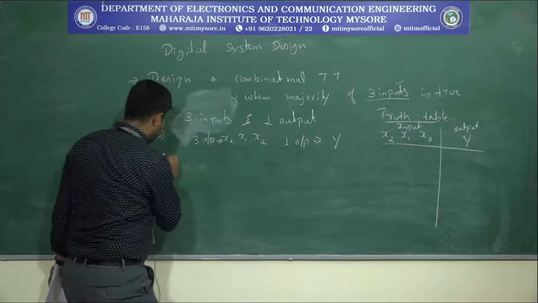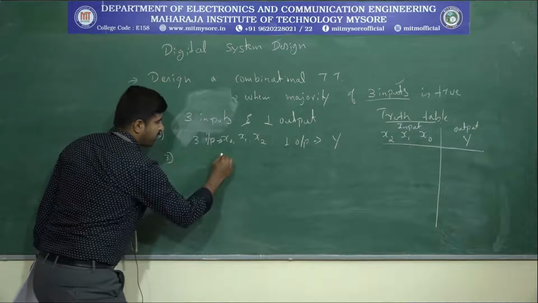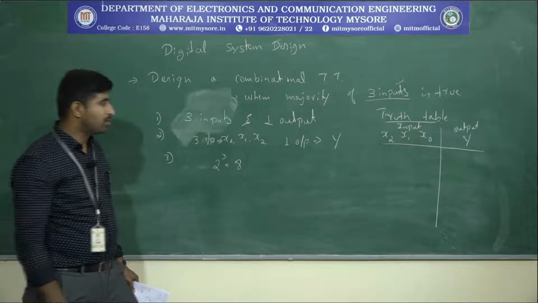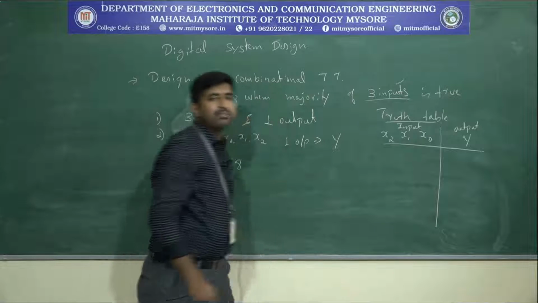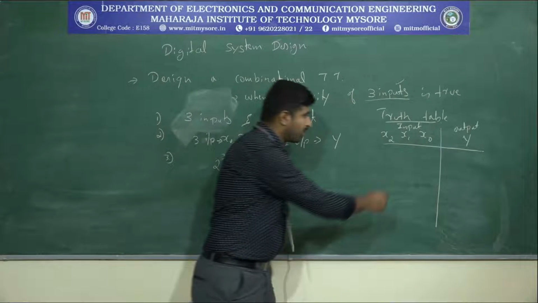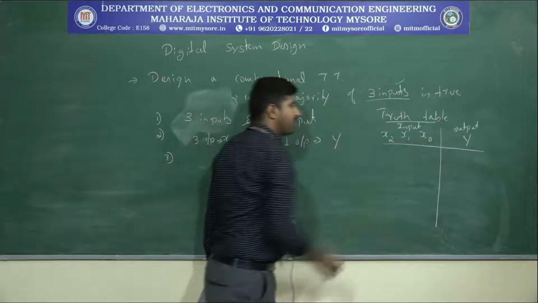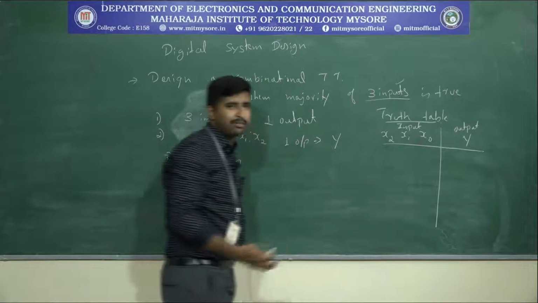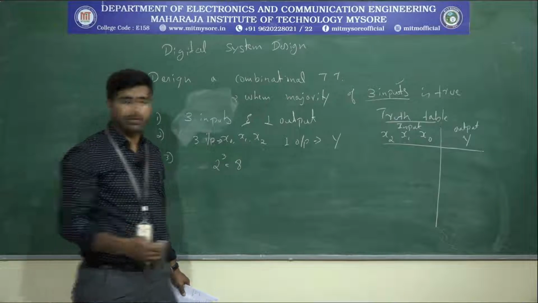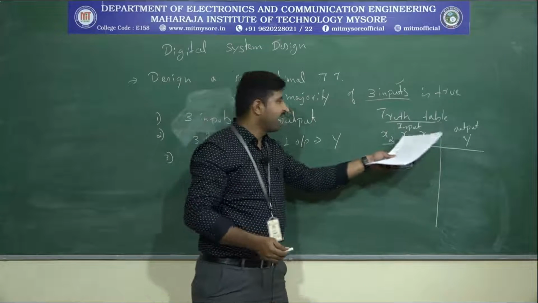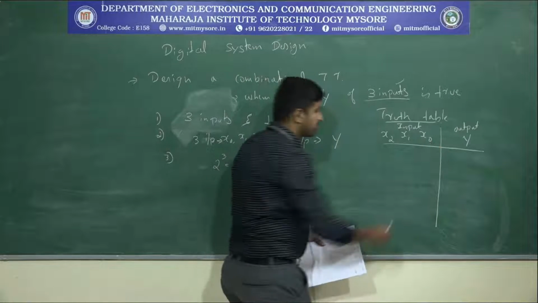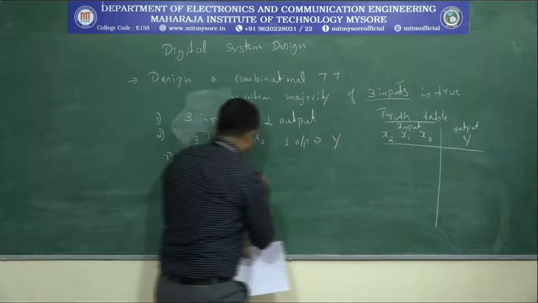Now the third step: 2 to the power of 3 is 8, so the truth table will have 8 combinations. Usually x0 is always written at the rightmost, because it indicates the first bit. So the order is x2, x1, x0.